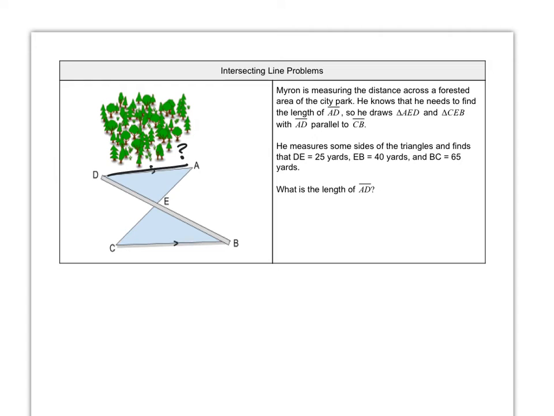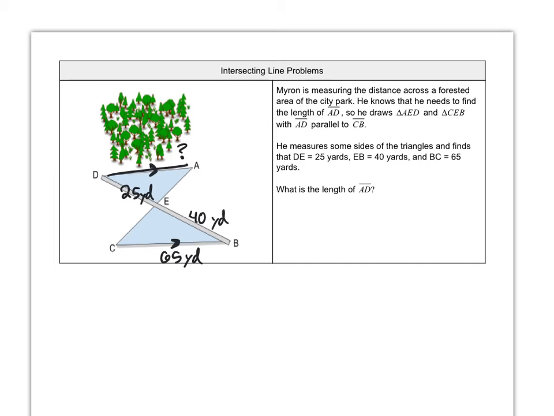And he draws them so that AD is parallel to CB. So since those two lines are parallel, we have parallel lines cut by a transversal here. So Myron does some measuring and he finds some of the lengths of the triangles. He finds that DE is 25 yards and EB is 40 yards and then BC is 65 yards.